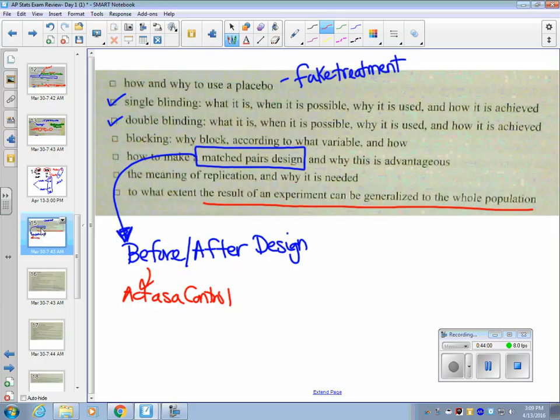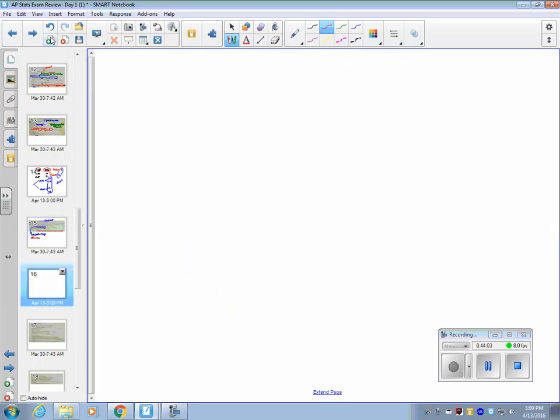So let me go ahead and give you some problems to look at from the book that deal with experimental design. We're going to start with sample exam 1.